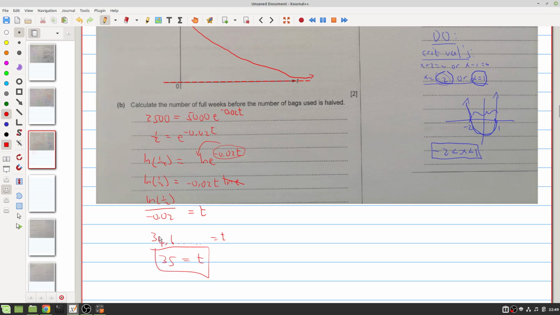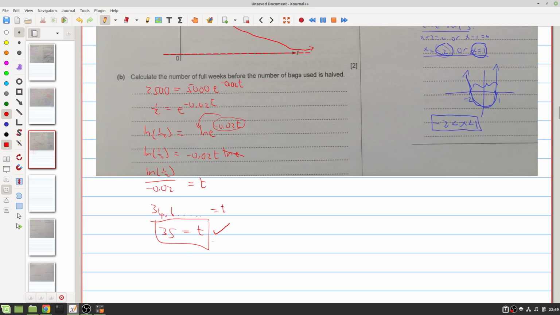So it's going to take more than 34, but less than 35 weeks before the number of bags is halved, and they ask for full weeks. So after 34 full weeks, it won't be done yet, but after 35 full weeks, it will be done. So t equals 35. And we probably just want to say 35 weeks, because they asked for weeks. So we always want to include the right units that they asked for.